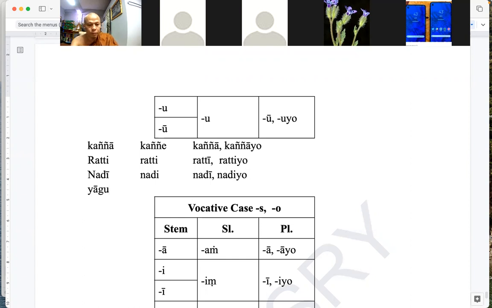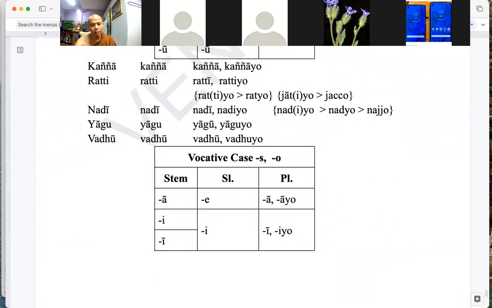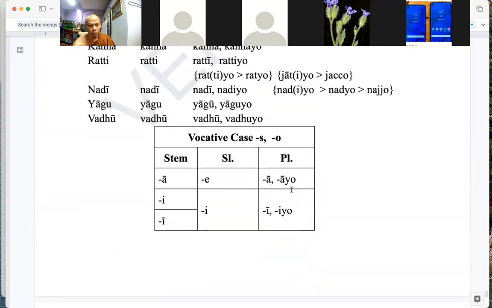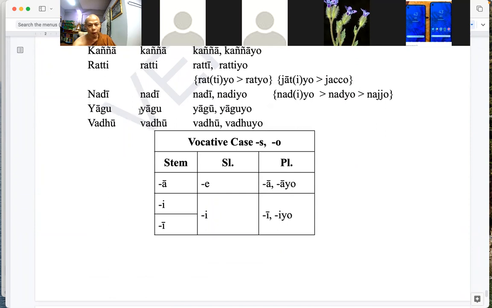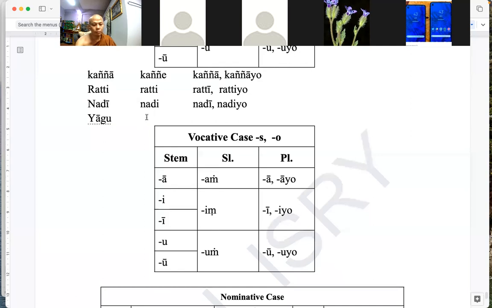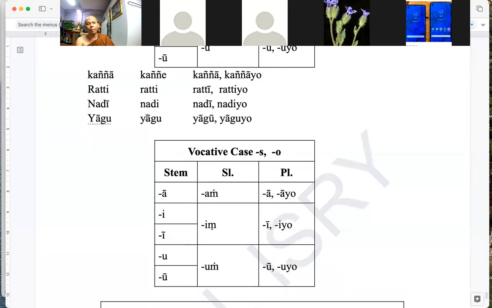And then yagu is also exactly the same as the nominative case. Here you see, yagu. So u stays u, but the plural is u yo, yagu yo. Here also yagu yo, the same.